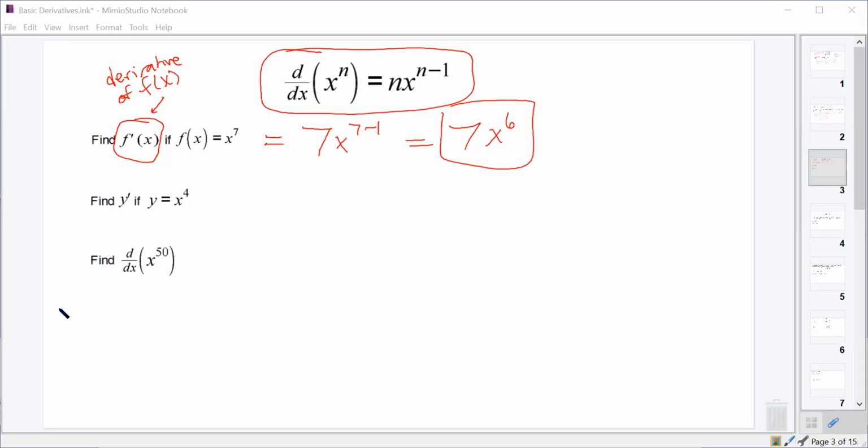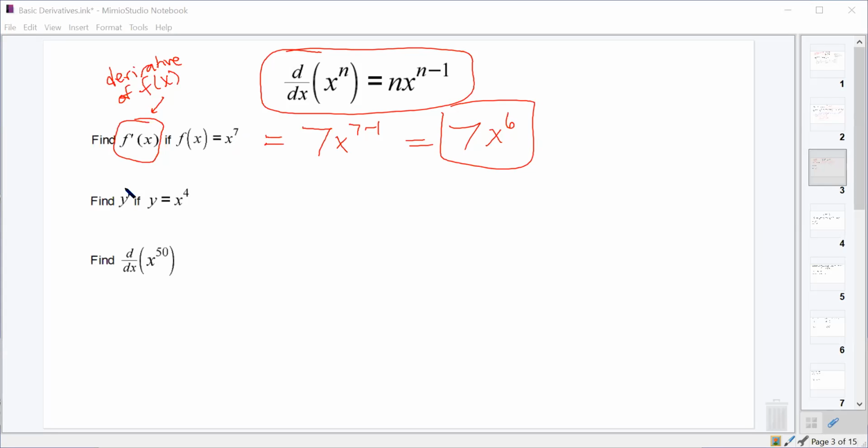Yeah. And my guess is you would all prefer doing that instead of doing a limit as h approaches 0 of x plus h to the 7th minus x to the 7th over h, and then expanding out the x plus h to the 7th into this huge, long, annoying thing. Yes, I'd prefer that. Yeah, it is much better.